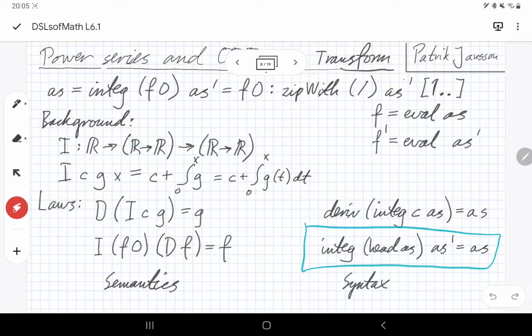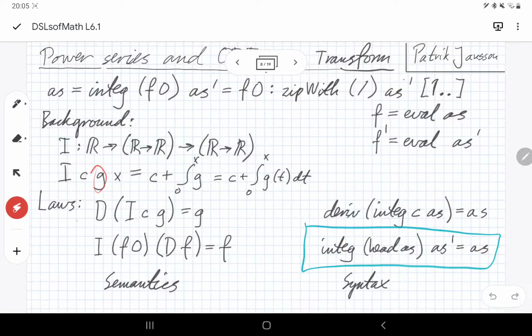And if we look at what this is doing, we also have a semantic version of this integ. So remember, this integ is working on the syntax, the lists of coefficients, but we also have a corresponding function, I, which works on the semantic side. So the first argument here is the same, it's a real number, but then instead of having a list, the I function takes a function as its second argument.